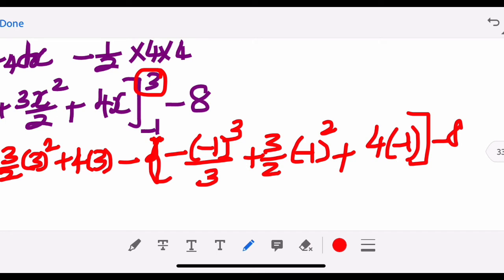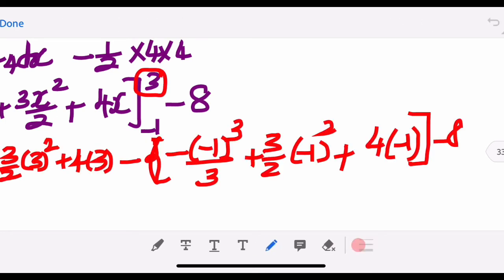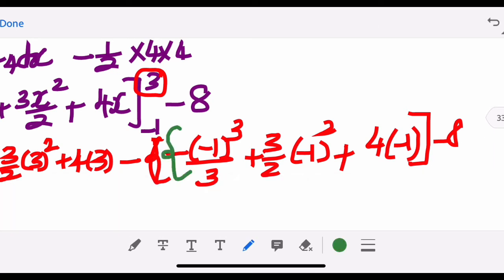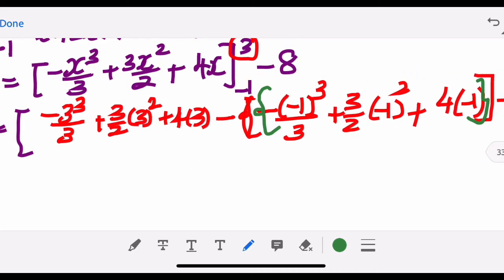We have to be very careful here and use another bracket because of the negative. So let's solve it carefully.